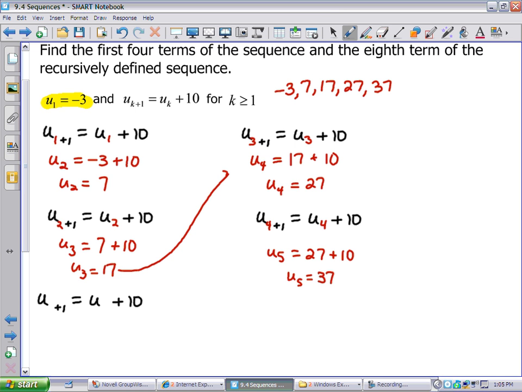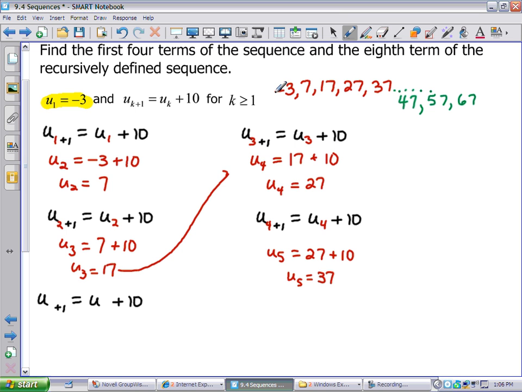If you recognize the pattern here, you can see that my sixth term would probably be 47. First, second, third, fourth, fifth, sixth. My seventh term would be 57. My eighth term would be 67.